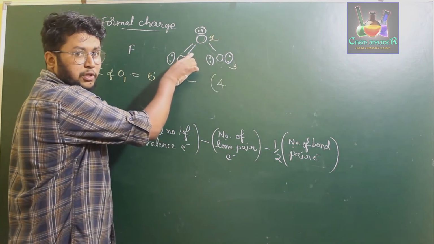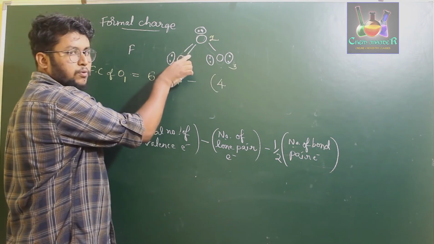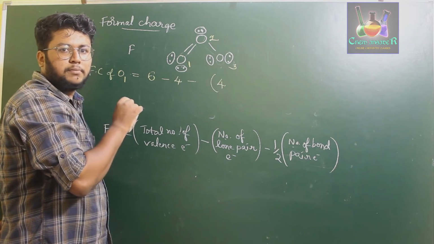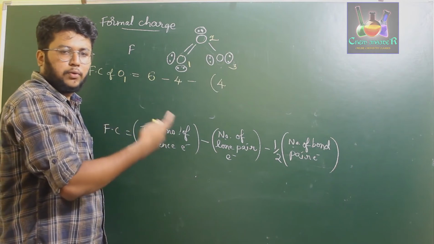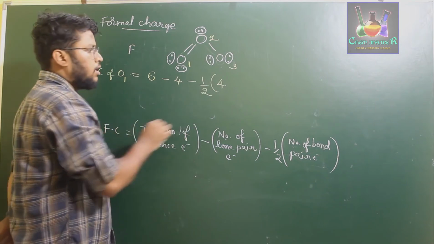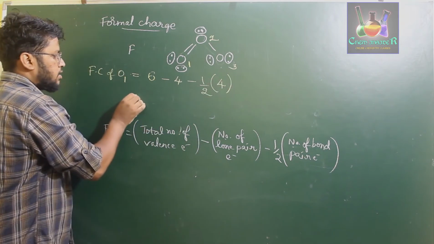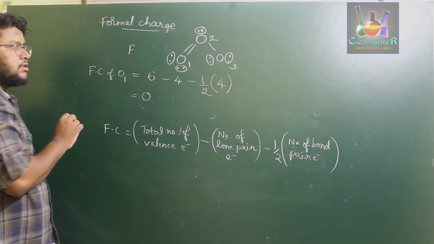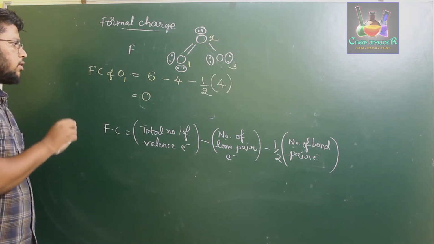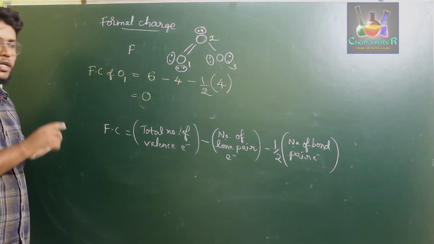One bond involves 2 electrons, it has 2 bonds, therefore 4 electrons. But while a covalent bond is formed, it is because of sharing of electrons between 2 atoms, therefore we have to divide it by 2. Once you do this, the formal charge on oxygen 1 will be 0.